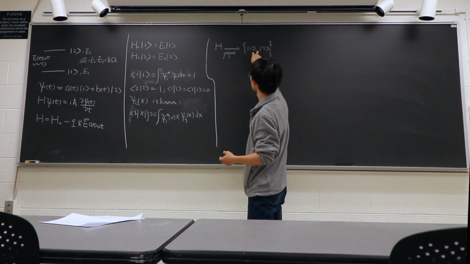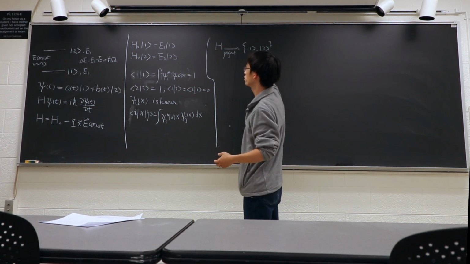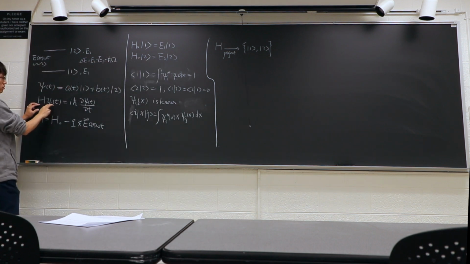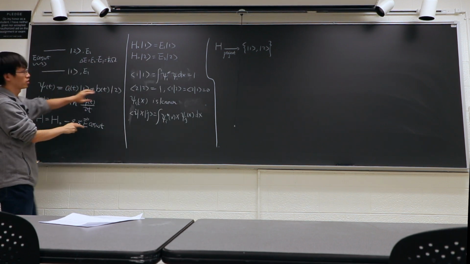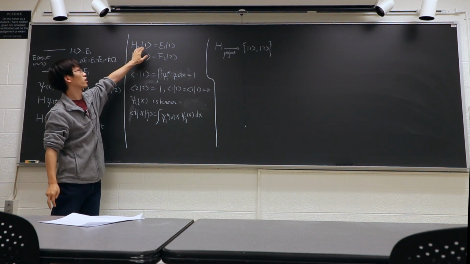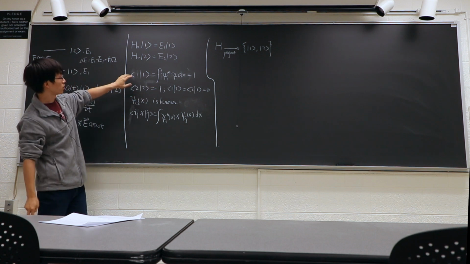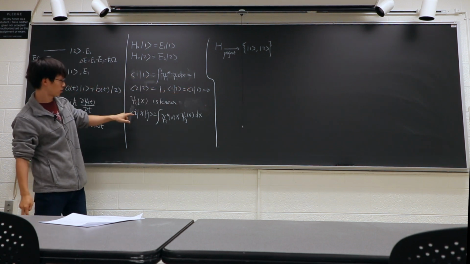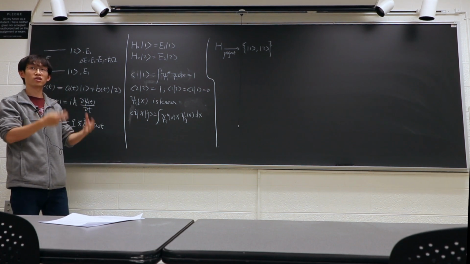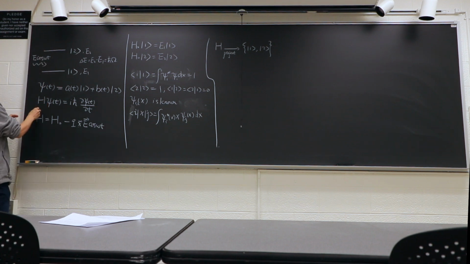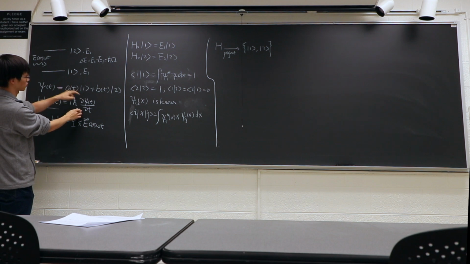Because once you express H in terms of 1 and 2, then when you multiply H and this, right, when you multiply these two together, you have a set of rules you can use. Like if it's H0, then times 1 you get E1. Okay, 1 times 1 you get 1, 1 times 2 is 0. And then this number is also known. So you have a set of rules you can use to calculate what this part really is. Okay, this part is relatively simple. You just take the derivative. Okay.